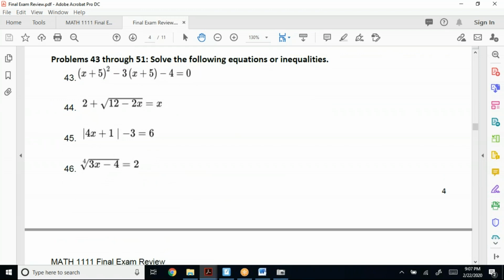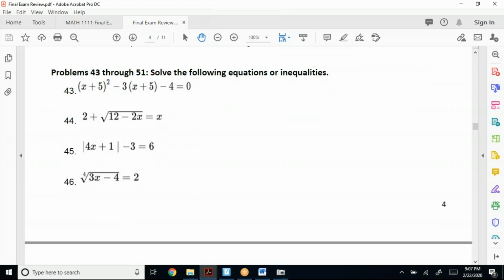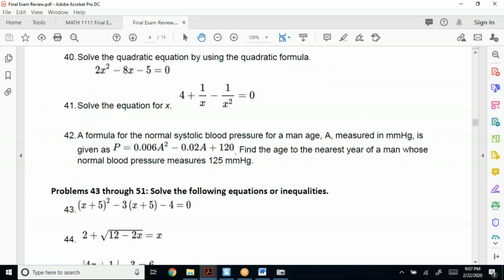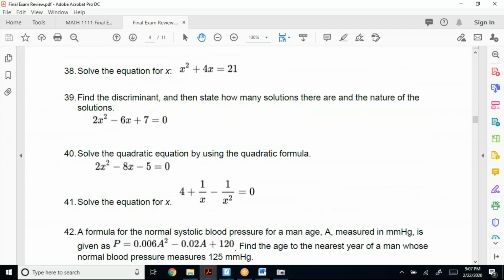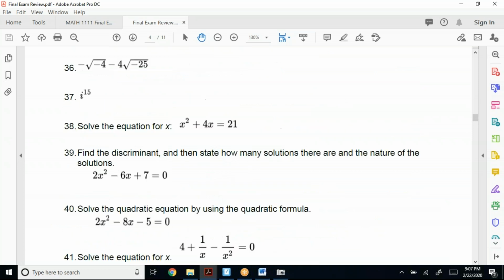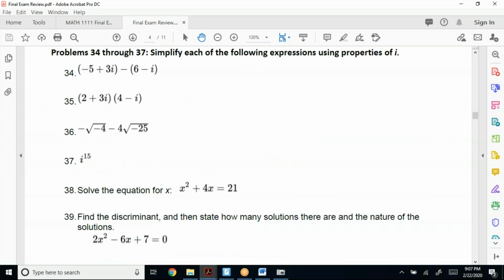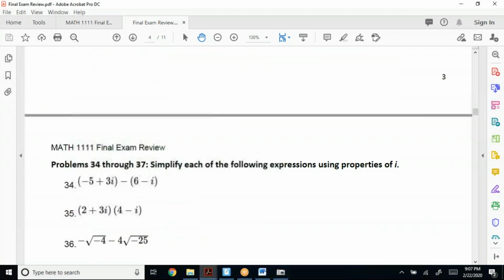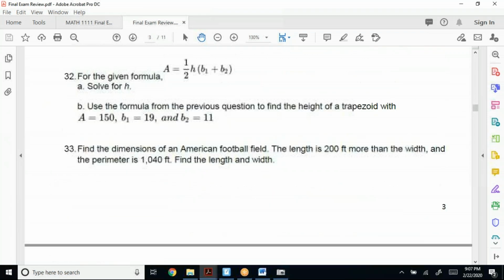46, that's the fourth root. I guess they could do a cube root, right? Or something like that. Of course, like on 38, move the 21 over to the other side, right? 35 is a real good one. 33 is an excellent one.